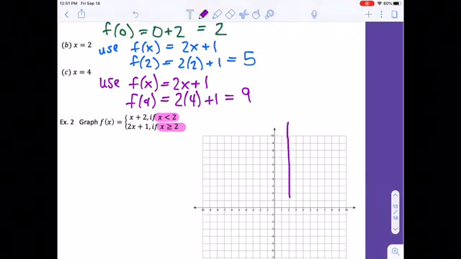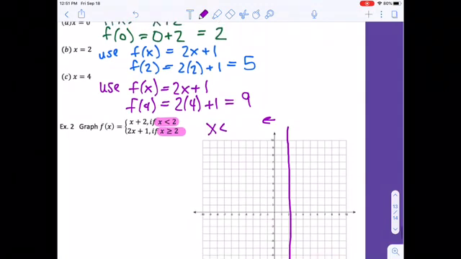So I'm going to draw a line at x equals 2. We'll get rid of that line at the end. But for now, I'm going to have this here. Everything on the left side of this line are x's less than 2. And everything on the right side of this line are x's greater than or equal to 2.